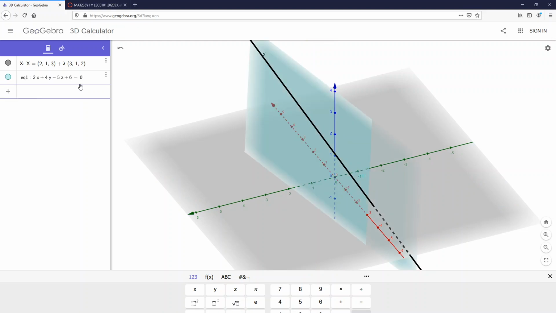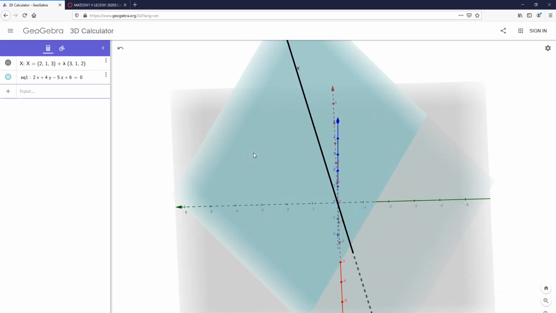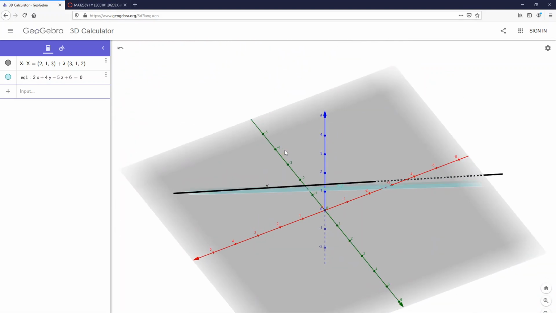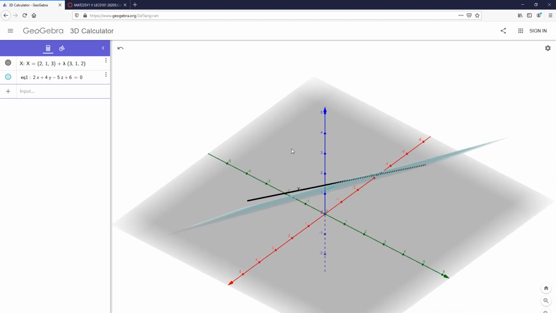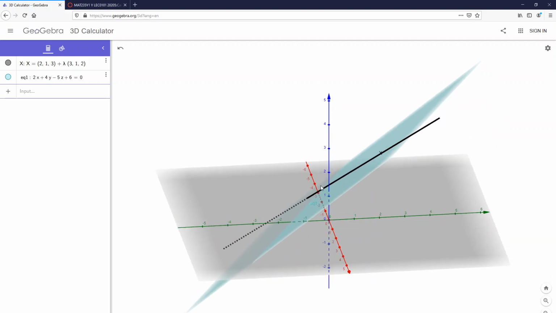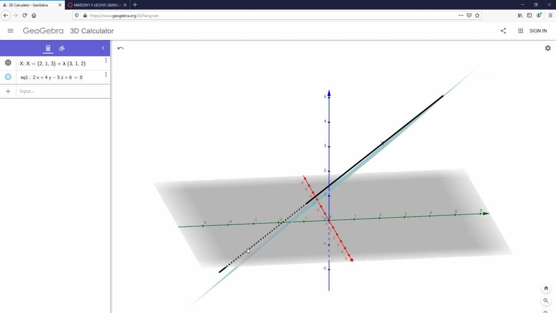This might be hard to see, but you can kind of see from here. The blue is the plane, and this X here that's black, that's the line. You'll see that they actually never intersect. So there's never going to be any solution for this one.